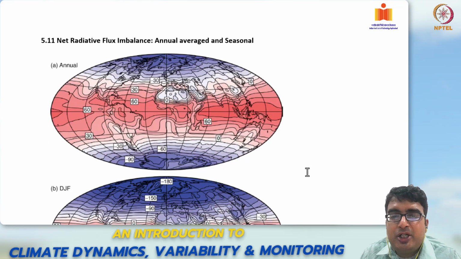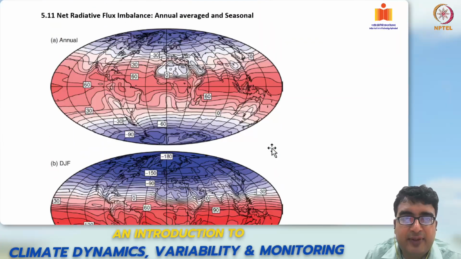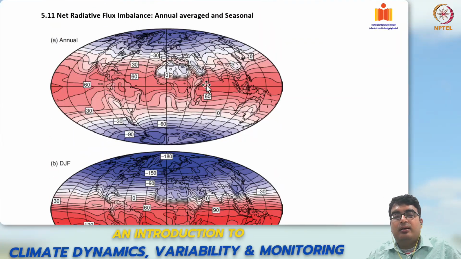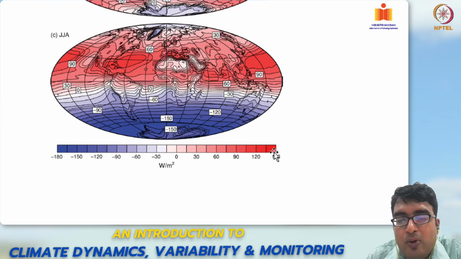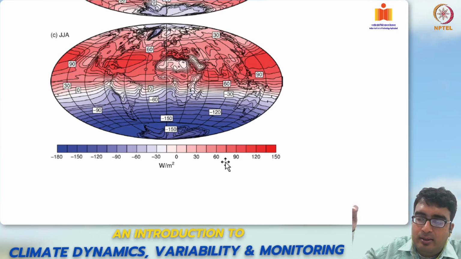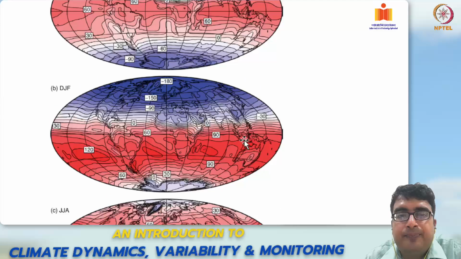Here, the picture of the annual and the seasonal contours of the net imbalance values are given. So, you can see that in the tropical region and the subtropical region, there is a net positive value of effective accumulation of energy flux in watt per meter square.